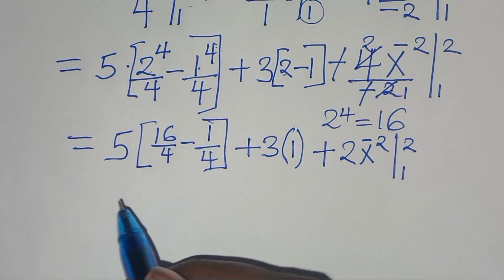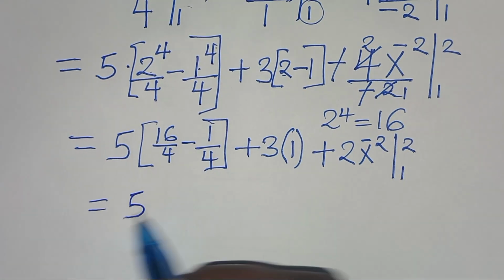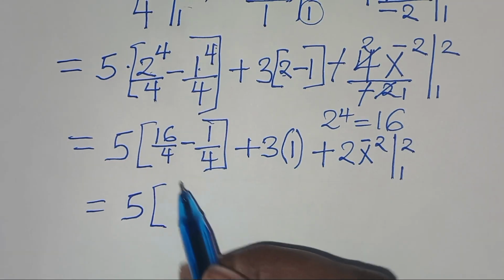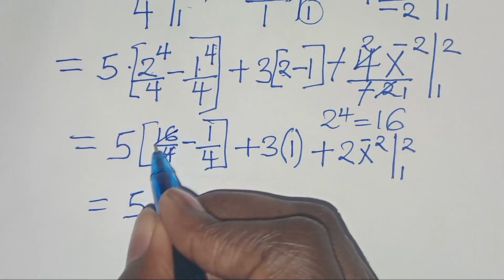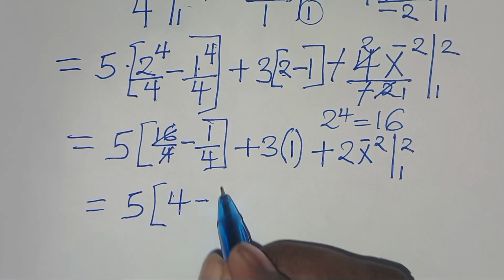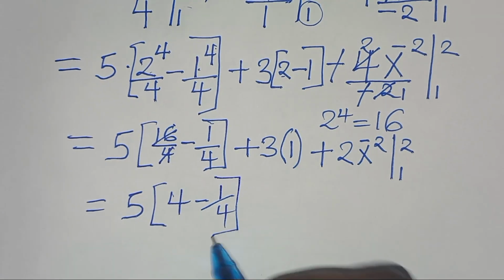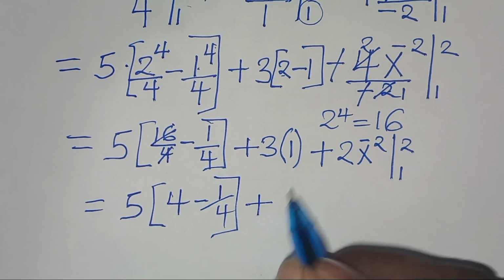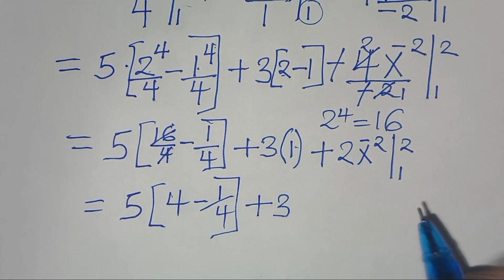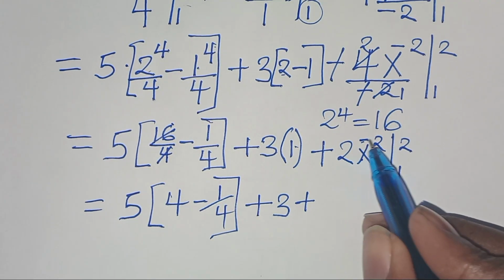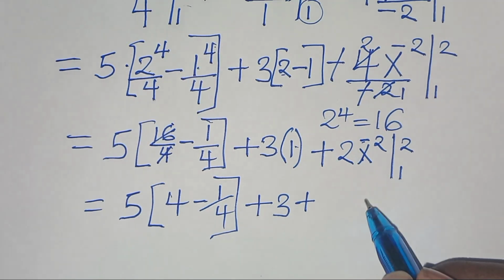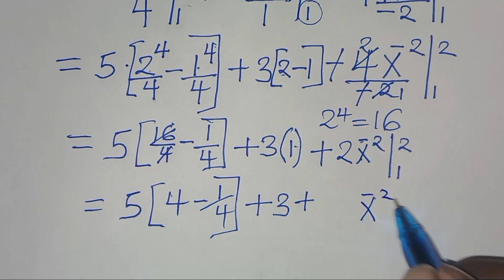Now, the next step from here, we have 5 into the parentheses, 16 over 4. If you simplify by 4, this is 4. So this is 4 minus 1 over 4. Close the bracket. Then plus 3 times 1, this is 3. Then plus x raised to power minus 2.